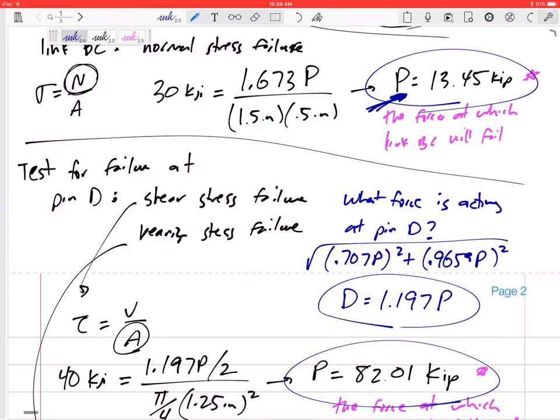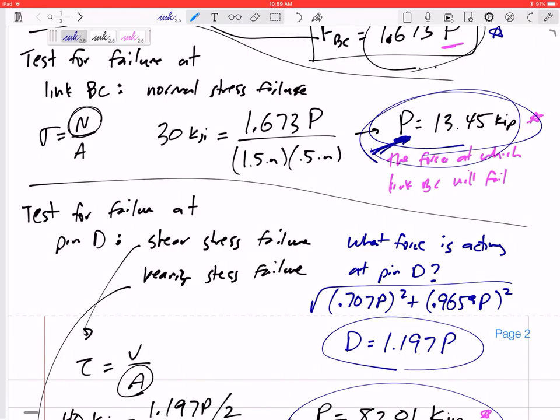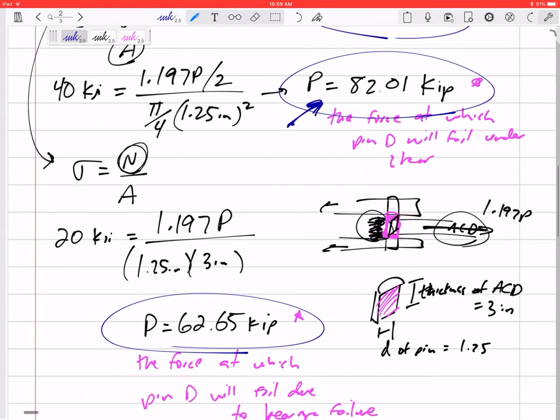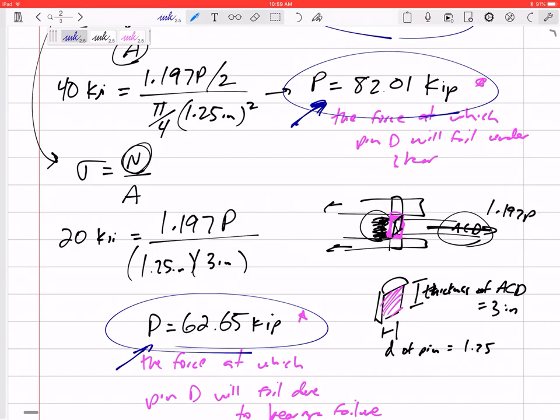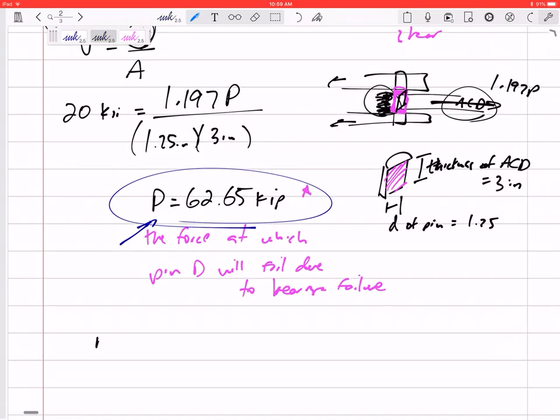The figure is no longer in static equilibrium. So it will never get up to this 82 for the pin to fail because the link has already failed. It'll never get up to this force 62 kips because that link has already failed. So it might seem counterintuitive, but you've got to choose the smallest force P.